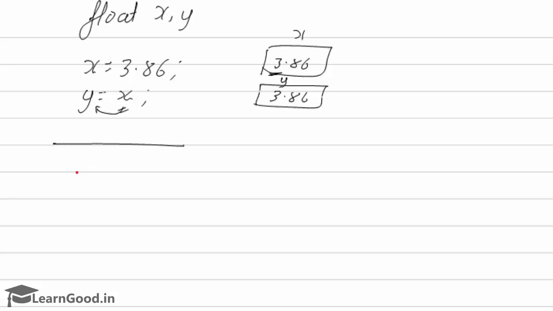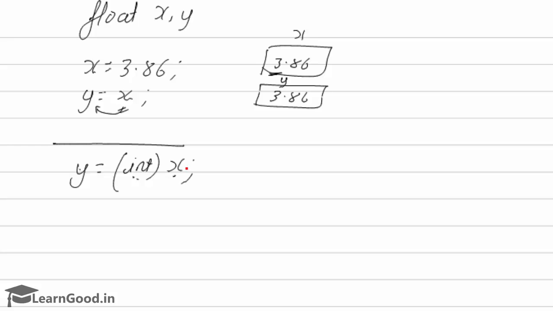For doing that, instead of giving only y equals to x, you can give y is equals to the type that x should be converted to, which you have to mention within the brackets, and then give that variable name. So x, which is of type float, I'm asking it to be converted to integer.